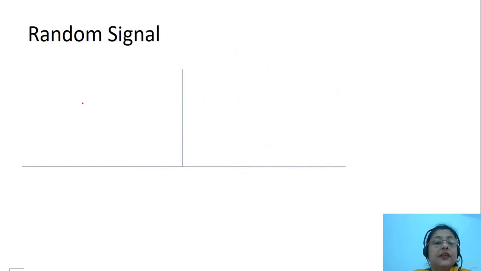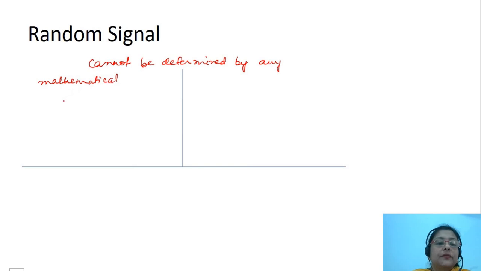A random signal is one which cannot be determined by any mathematical expression.